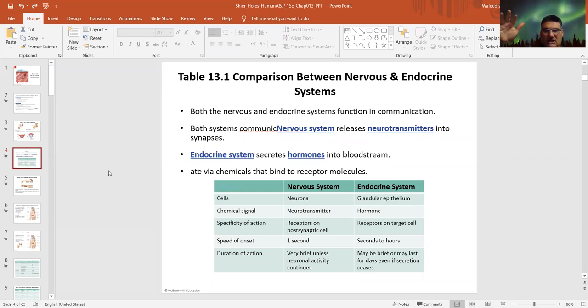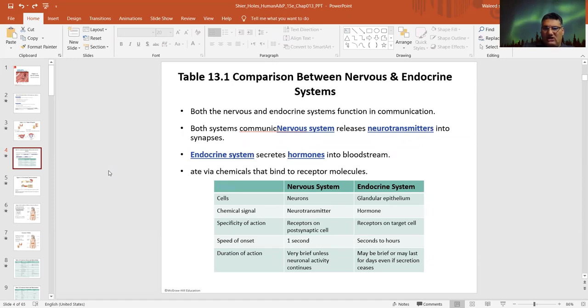Of course not. You have to take some time to pick up the signal and to actually make the hormone. In this case, it's parathyroid hormone, and then you're going to secrete it, and it goes to the blood, and goes to the bone and so on until it gives the effect.